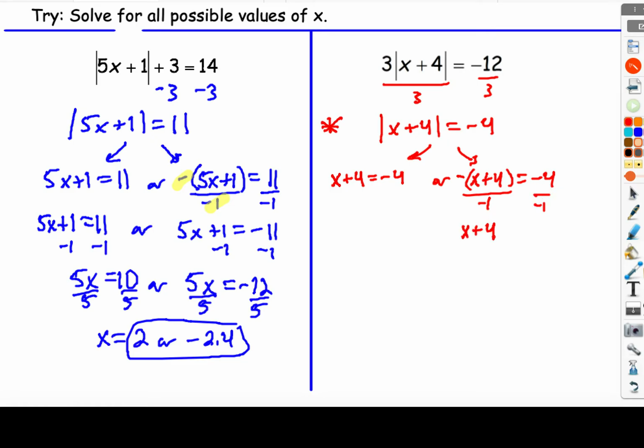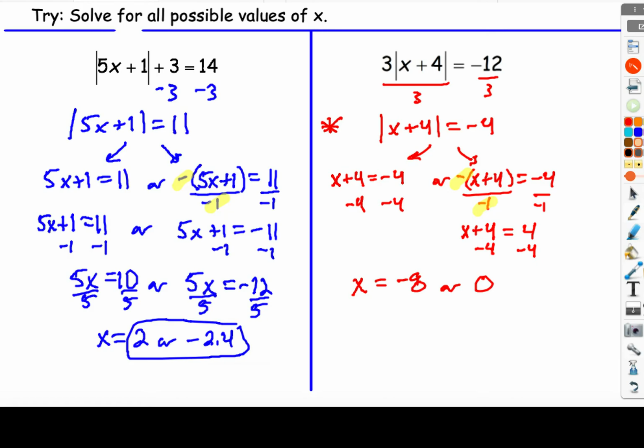X plus 4, with that negative canceling off the bottom there, would be equal to a positive 4. Subtracting 4 from both sides, x could be equal to negative 8, or, again, subtracting 4 from both sides, it could be equal to 0.